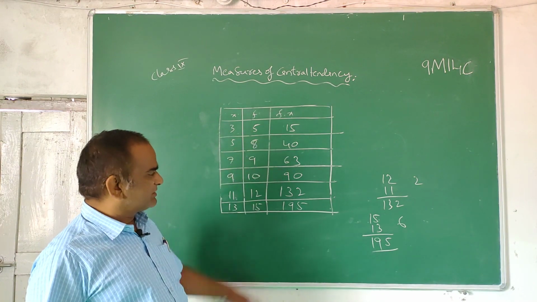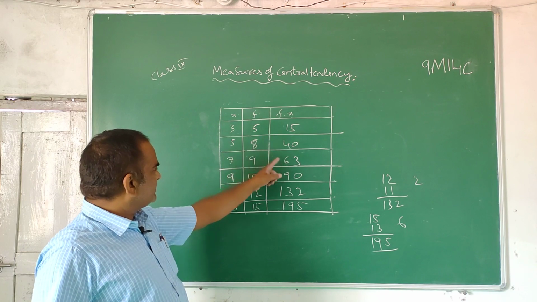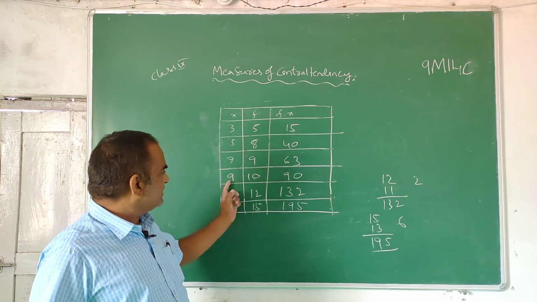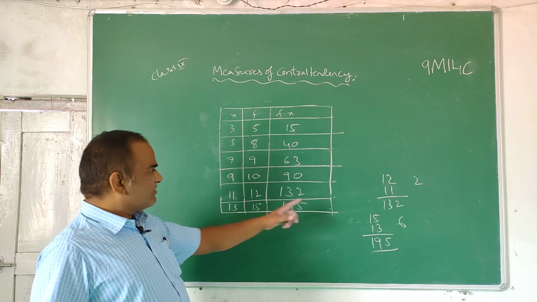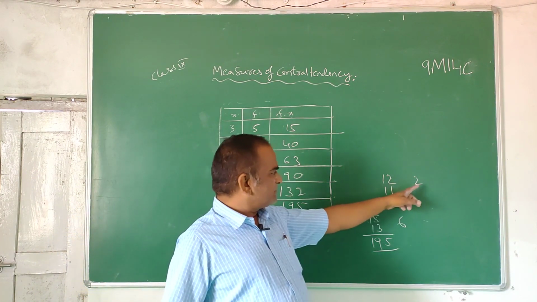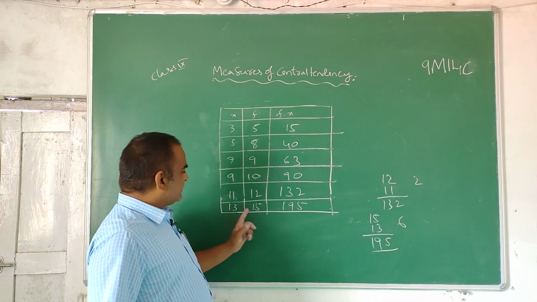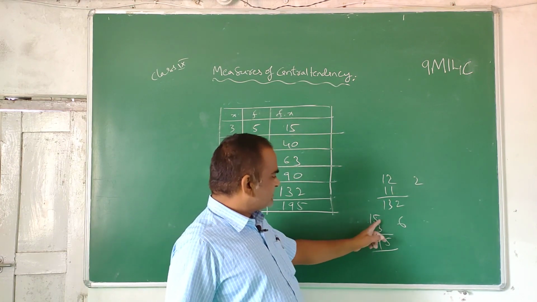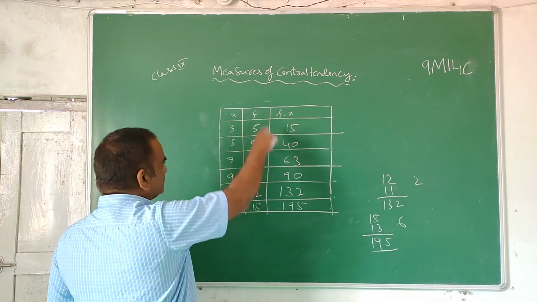These are the products, the product between x and f. 11 2s are 22, 11 1s are 11, plus 22, 132, correct? 13 into 15: 13 5s are 65, 13 1s are 13, so 195. Right, so these are the products.